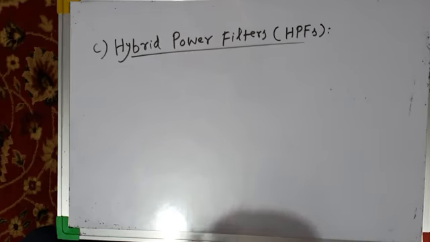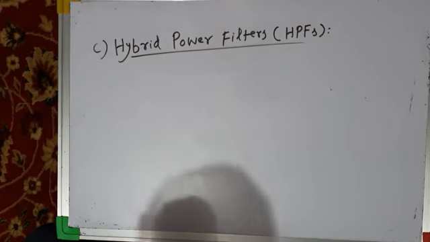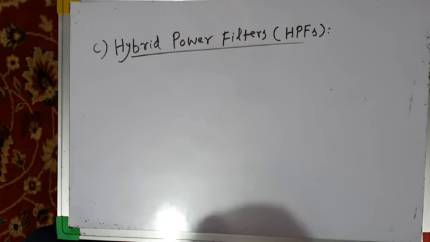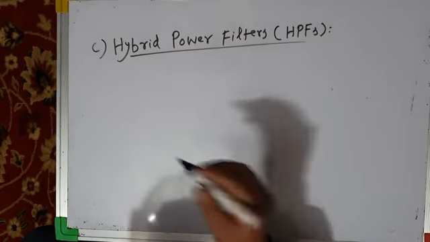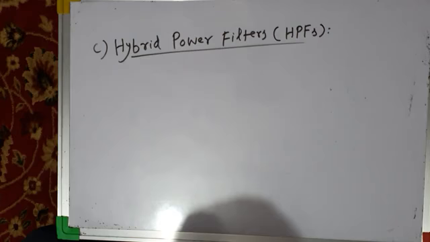Similarly, if you have a situation where your load is facing voltage related as well as current related power quality problems, in that case for current related power quality problems you may use shunt active power filter, and for voltage related power quality problems you may use series passive filter, or vice versa.